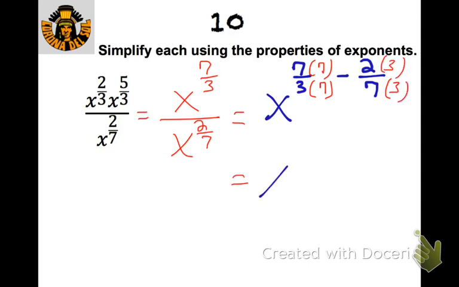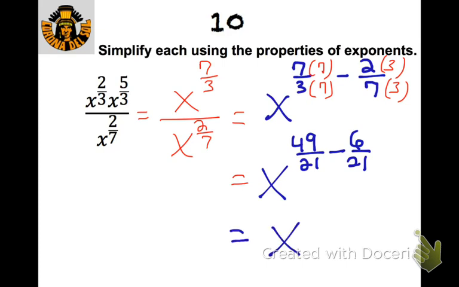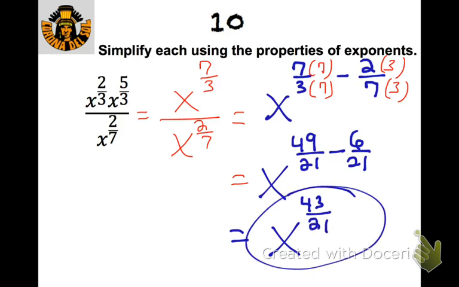All right, so we got x. We're going to multiply those, so that's 49 over 21 minus 6 over 21. So this will be x, and it's raised to the 43 over 21.